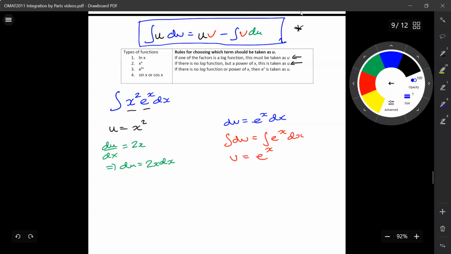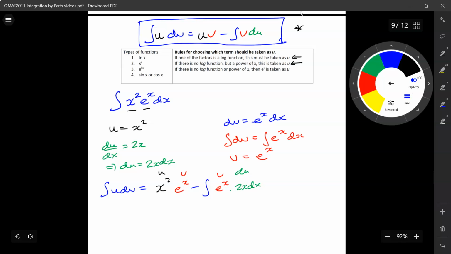So we now have the terms we need to plug into the formula. So the integral of u dv is equal to u, which is x squared, times v, which is exponential x, minus the integral of v, which is exponential x, times du, which is 2x dx.